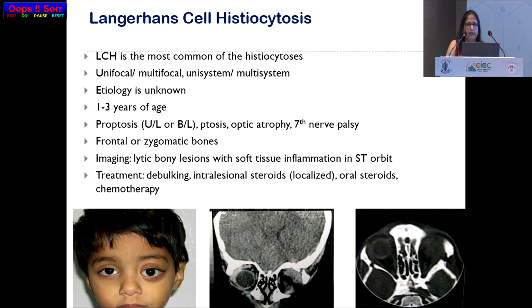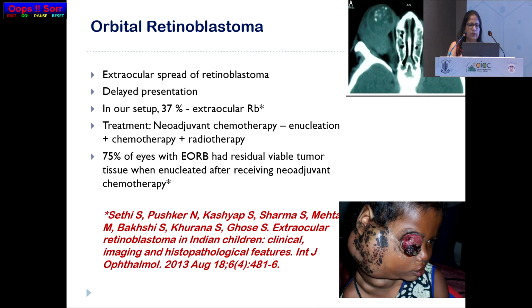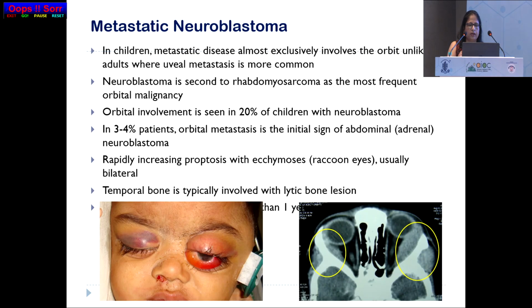And rarely we do come across LCH, which in the orbit you see as lytic lesion, generally involving the frontal bone or the lateral part of the bone with some soft tissue component. This can be unifocal, multifocal, unisystem, multisystem, and depending on that, you have to treat these patients with oral or intralesional steroids. Orbital retinoblastoma, we all know they can present with orbital extension, and the treatment is to start neoadjuvant chemotherapy.